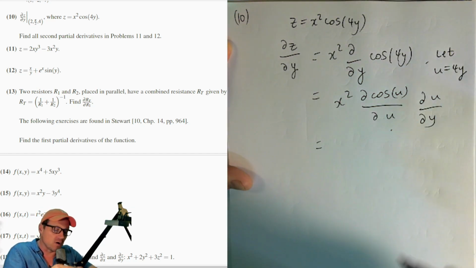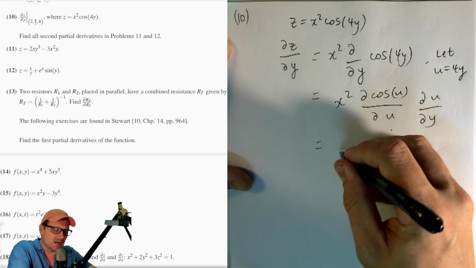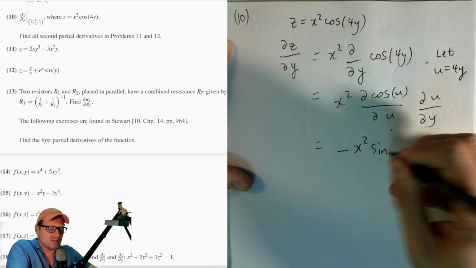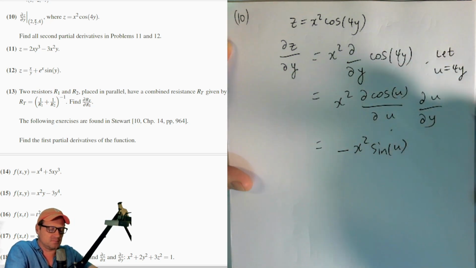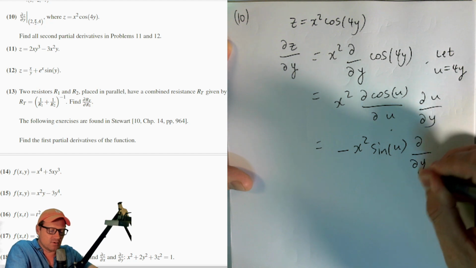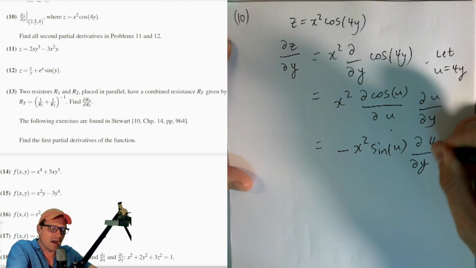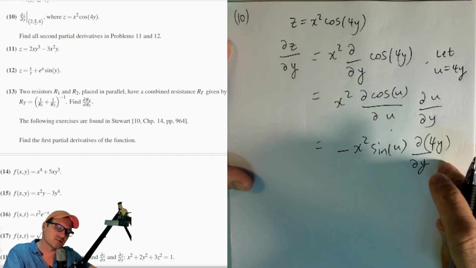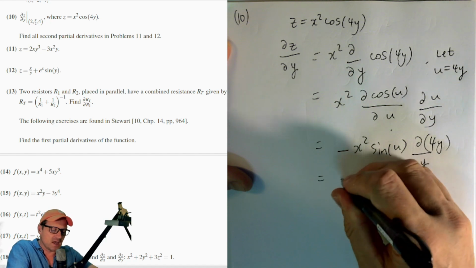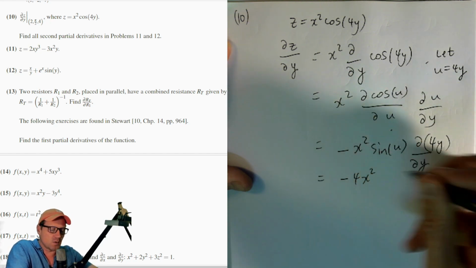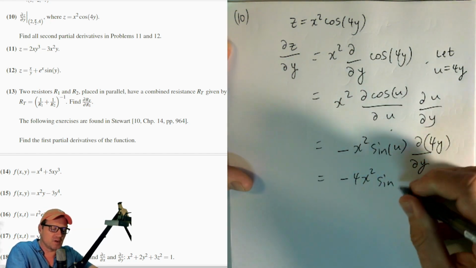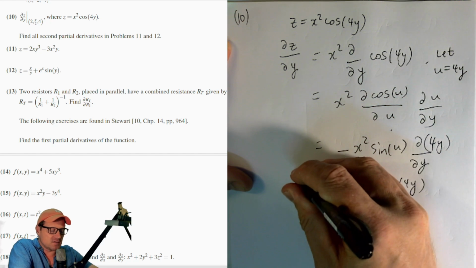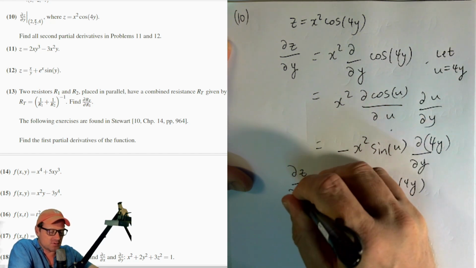So the derivative of cos of u with respect to u is minus sine of u, so minus x squared sine of u. And then we multiply that by the derivative of 4y with respect to y. Okay, so this derivative is 4, and so we get minus 4x squared sine of u, but u is 4y. All right, so this is the derivative of z with respect to y.